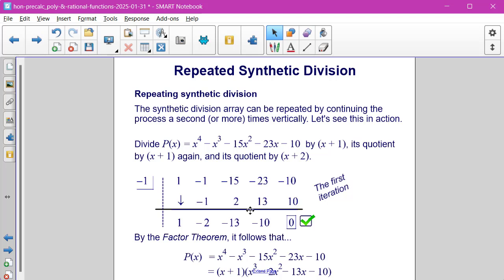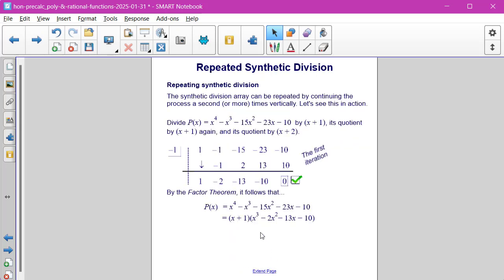Multiply, add straight down. Multiply, and add straight down. We see that the remainder is 0. Therefore, by the factor theorem, it follows that our original function p of x can be rewritten as x plus 1 times x cubed minus 2x squared minus 13x minus 10.